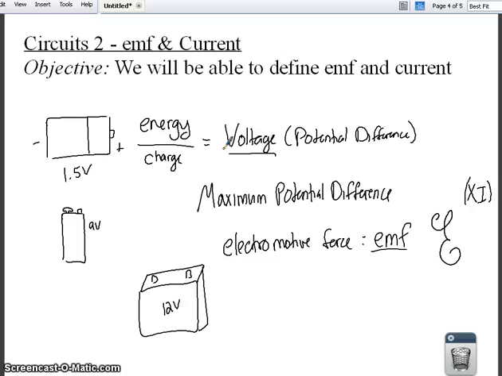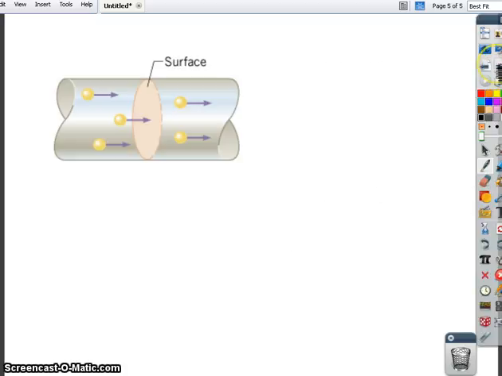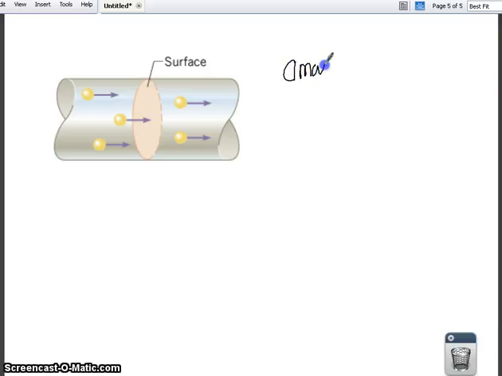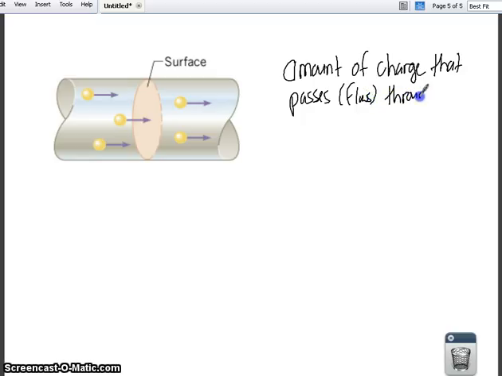Now, we defined EMF. Let's talk about current. Current is defined as the amount of charge that flows through a surface in a given time.